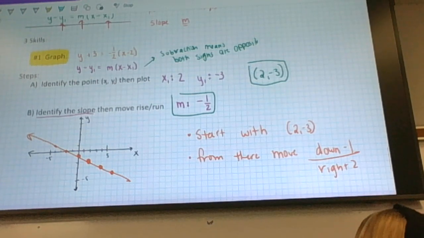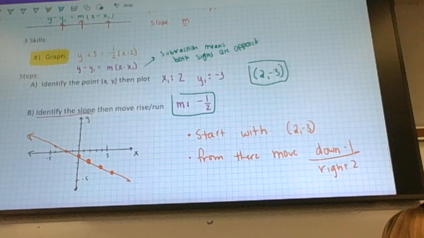So if I rewrite this, if I distribute, -1/2 times -2 is actually a +1. Subtract 3. I get y is -1/2 x minus 2. Huh, that's not looking right up there.